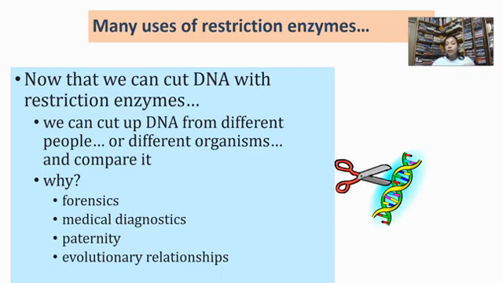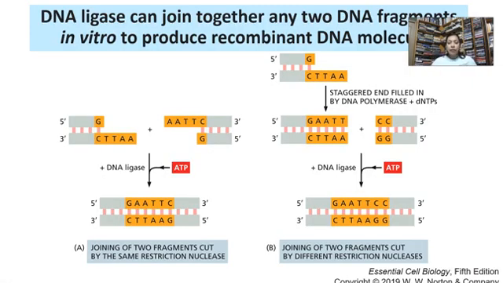You can use them for forensics. You can use them in medical diagnostics to see if a particular lethal allele or a particular harmful infectious agent is present in the system or not, for paternity determination, and also to examine evolutionary relationships between various organisms across your family tree or across the tree of life.